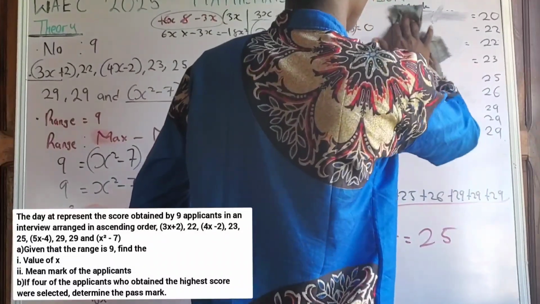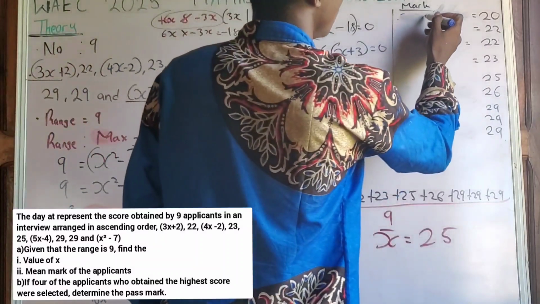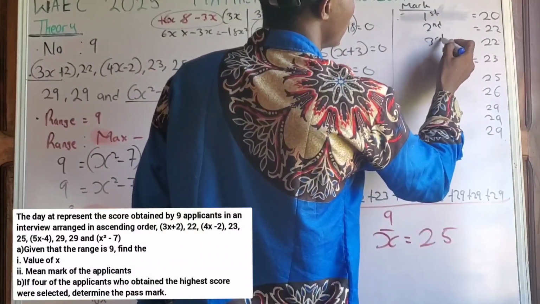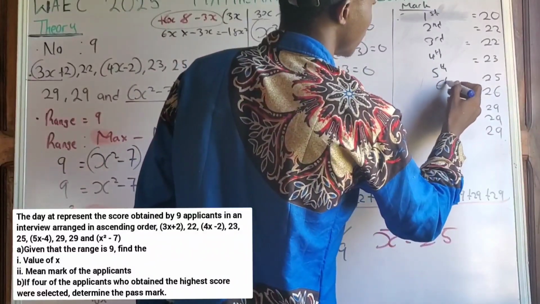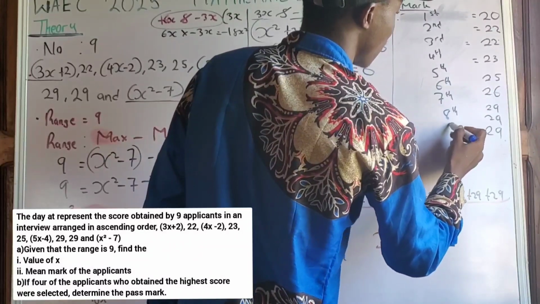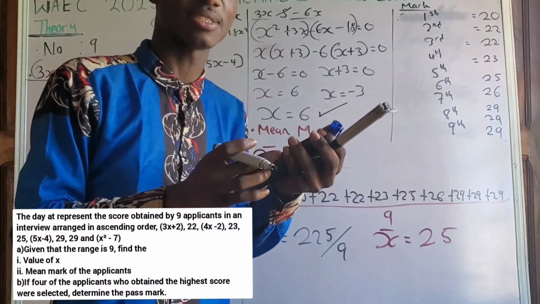We want to solve the third question now. This is the score of the first applicant, the second applicant, the third, the fourth, the fifth, the sixth, then we have the seventh, the eighth applicant, and the ninth applicant.